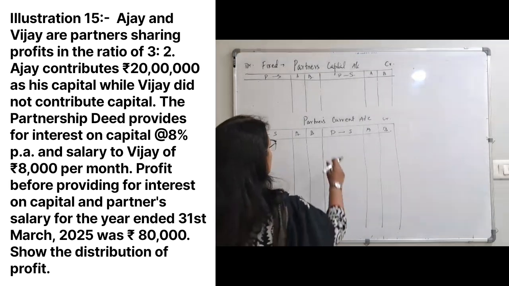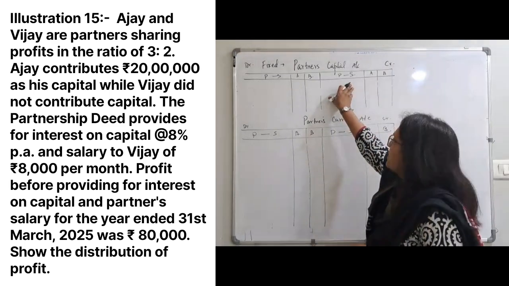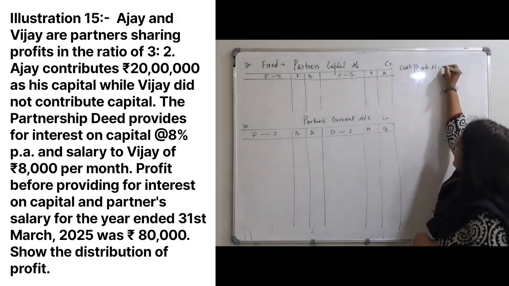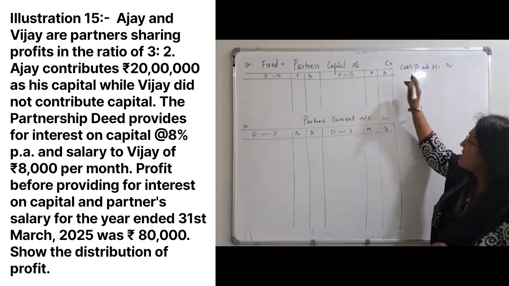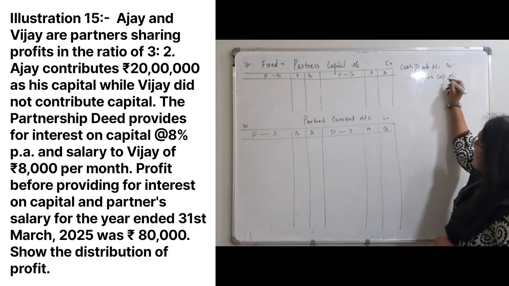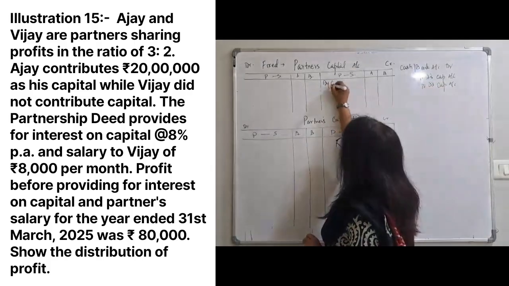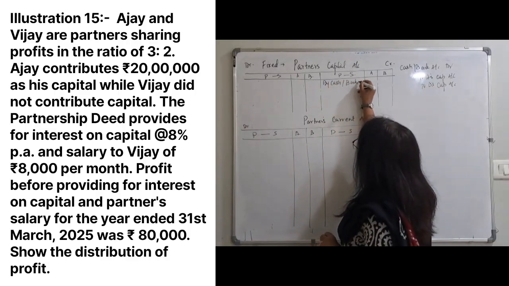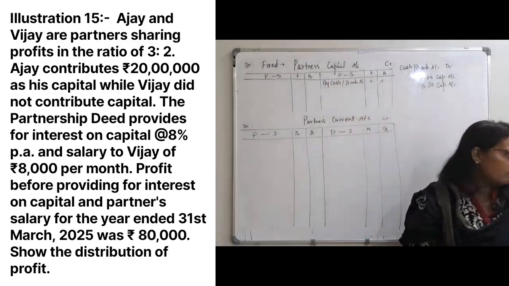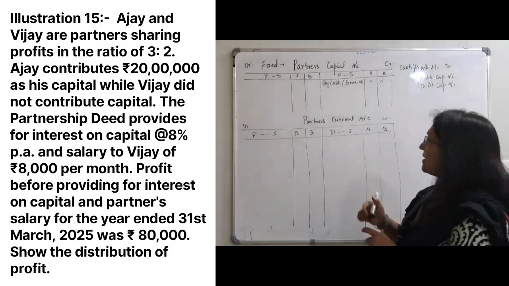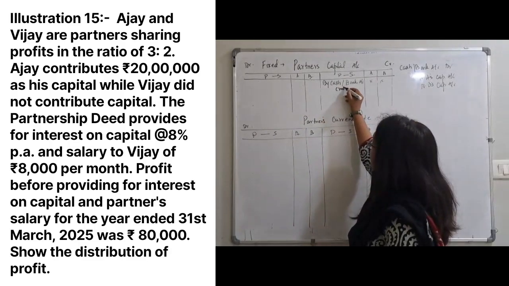First one is when the partner brings in cash. Right? Journal entry will be what? Cash or bank account debit, to A's capital account, to B's capital account. So here will come by cash or bank account, the amount of capital that the partner has brought. Second one, I said in this only how much is introduced.